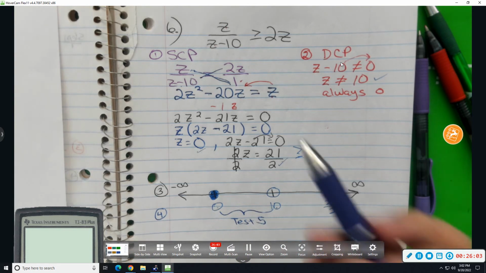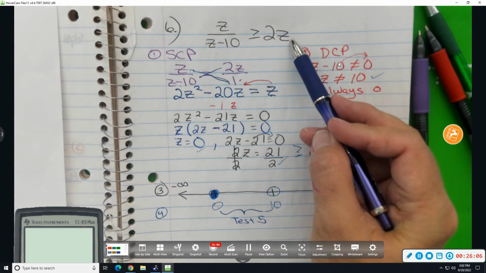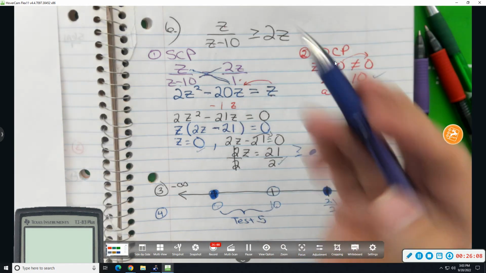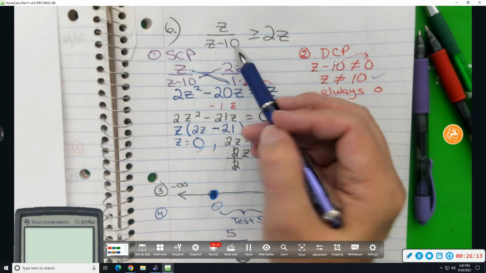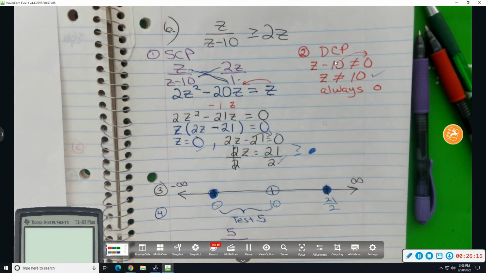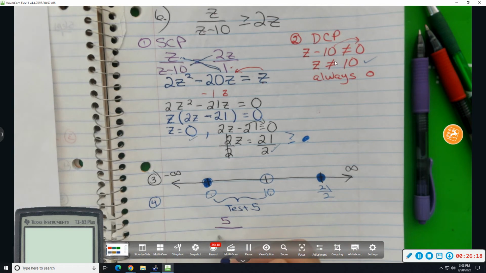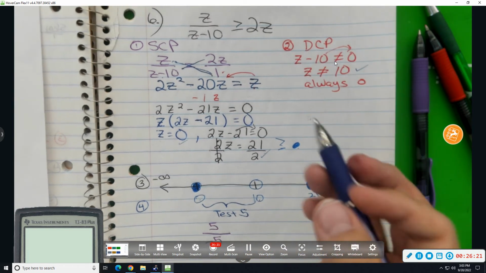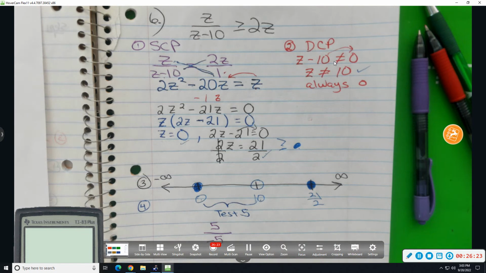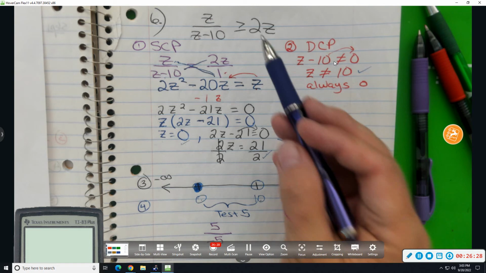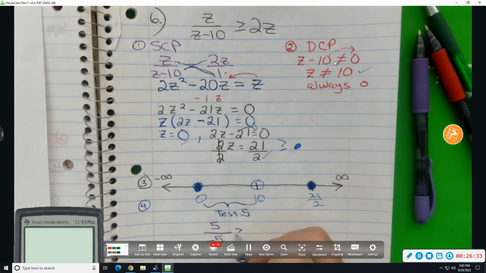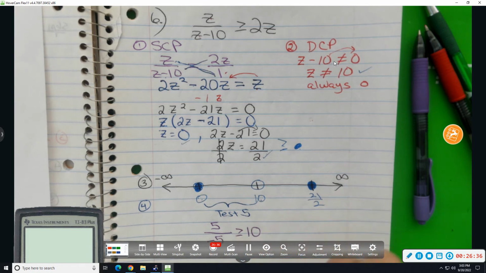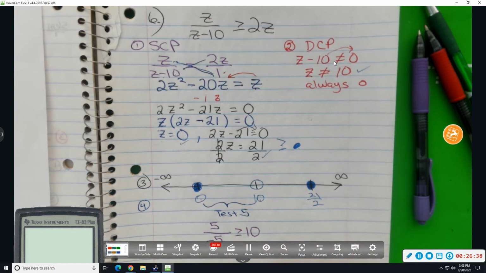Everywhere you see a z, plug in 5. So you have 5 over 5 minus 10, which is -5, greater than or equal to 2 times 5, which gives me 10. 5 divided by -5 is -1.